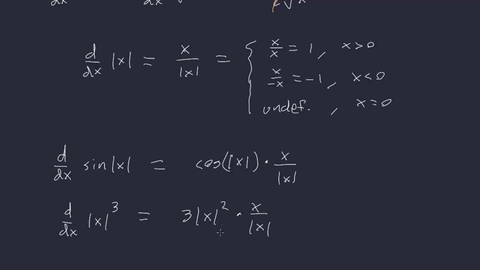Oh, well, this is interesting. Some of the absolute values cancel, and so we get 3 absolute value of x times x.